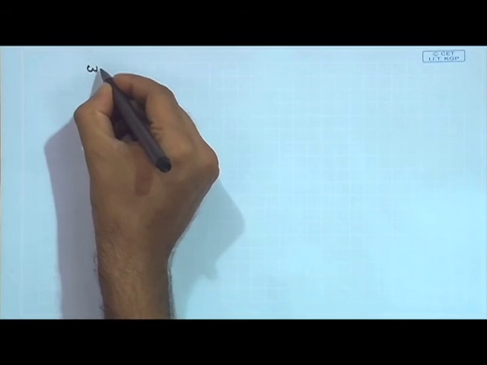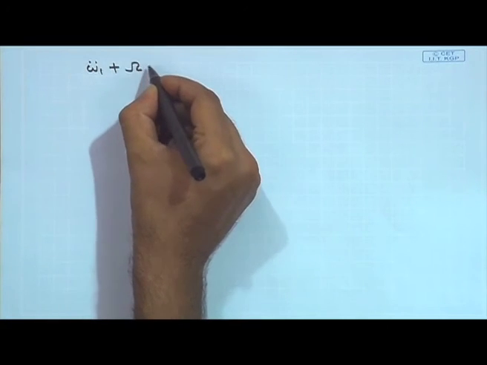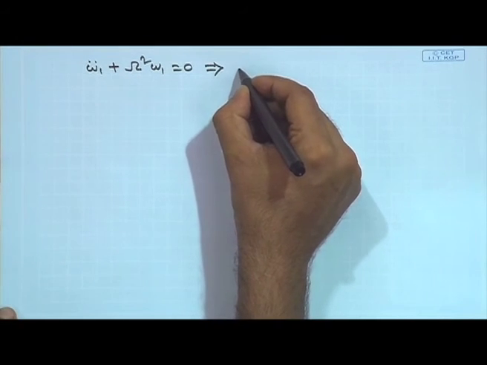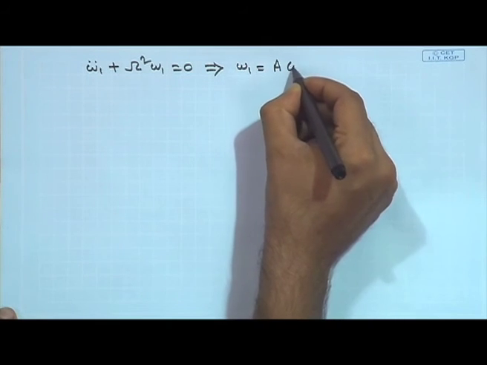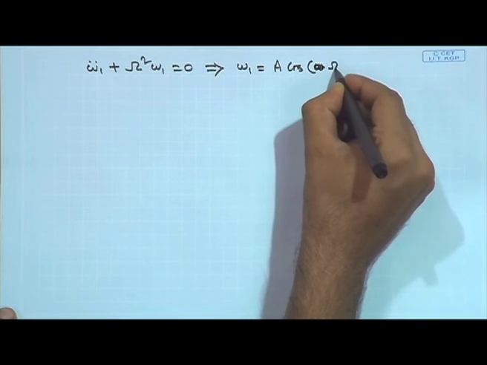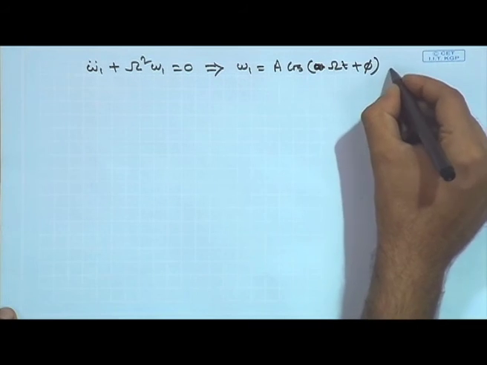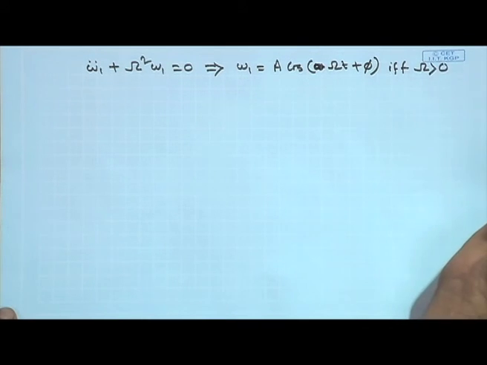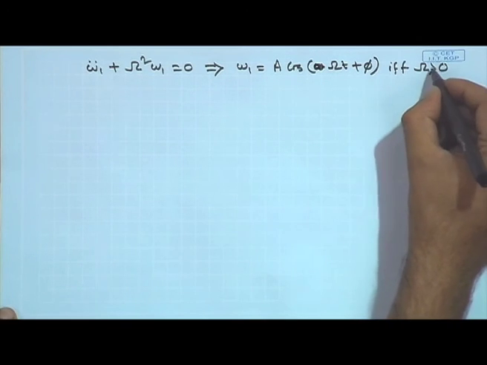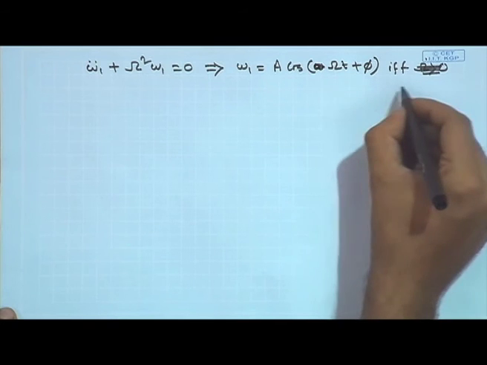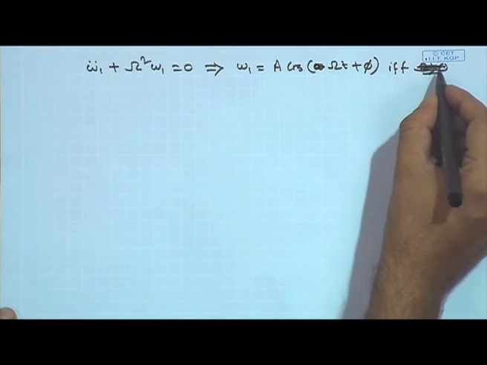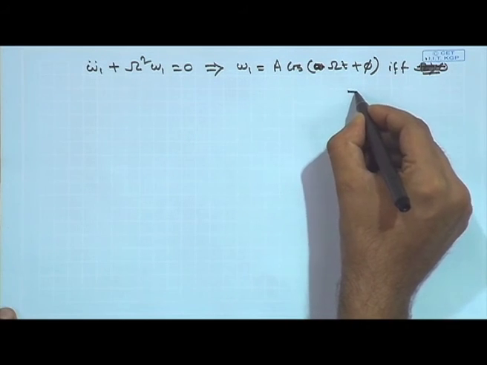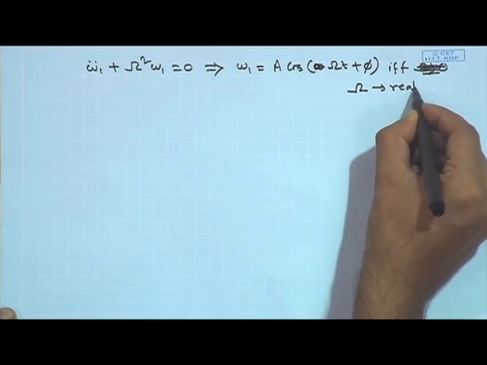So omega 1 double dot plus capital omega square omega 1 equal to 0 gives a solution of the form omega 1 equal to a cos(capital omega t plus phi), if and only if capital omega is a real number.